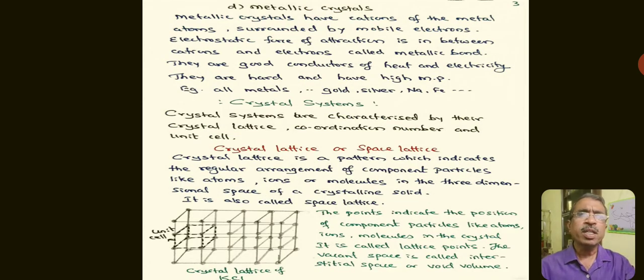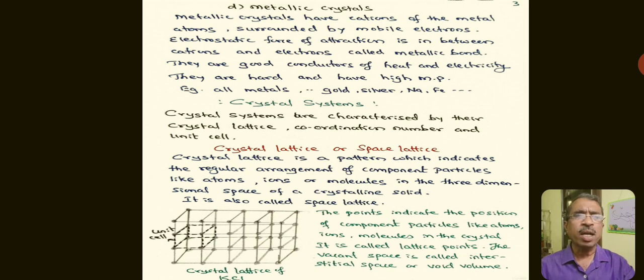Coming to the fourth type, known as metallic crystals. Metallic crystals have cations of the metal atoms surrounded by mobile electrons. Electrostatic force of attraction exists between cations and electrons. This is called a metallic bond.